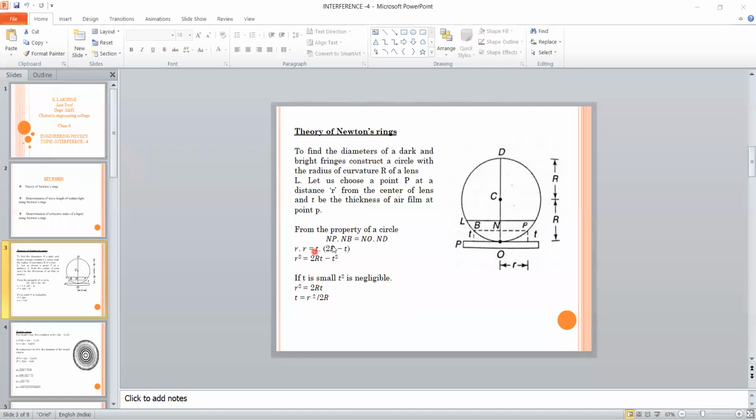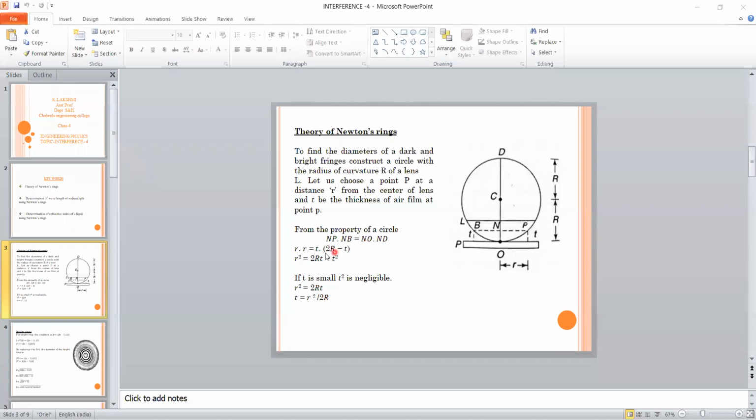So r into r. And next, NO into ND. It is clearly NO value is equivalent to t because the entire thickness is t. So automatically the NO value becomes small t.